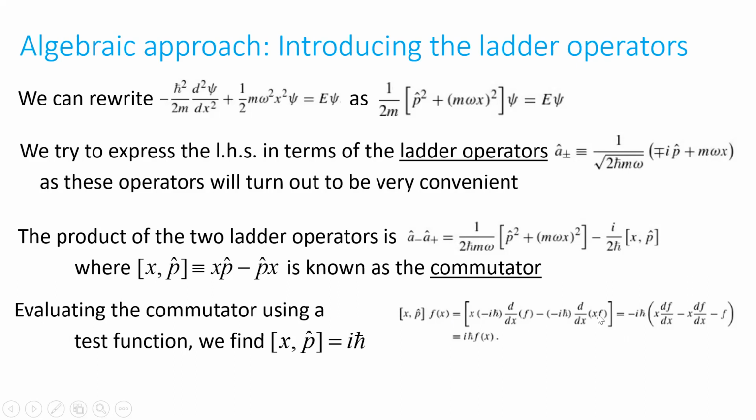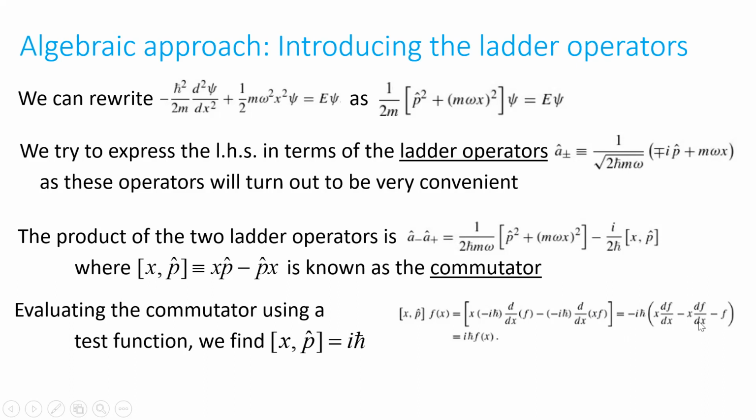Then simplifying further, we can pull out the minus i h bar, and we have x df/dx, which is the first term. Then we have minus the product rule, so it would be x times df/dx, and then plus just f, because the derivative of x with respect to x is 1, times f. So these two x df/dx terms cancel.